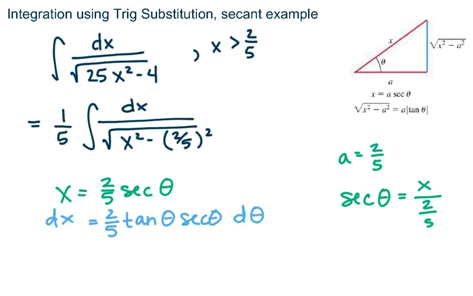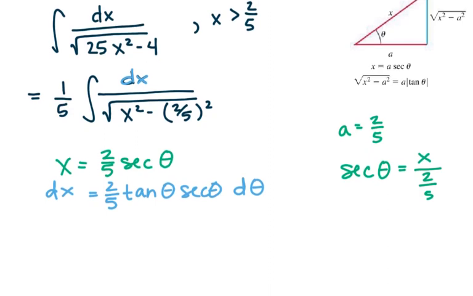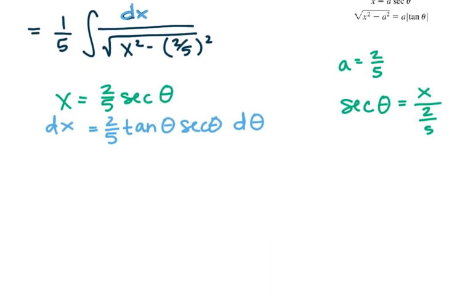So I have my x value and I have my dx value. My dx value is going to substitute in here for the numerator. Before I substitute, rather than just plugging this 2/5 secant theta in for the x, I prefer to do a little manipulation first.